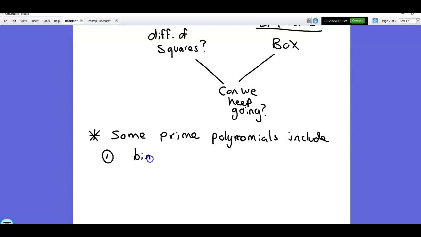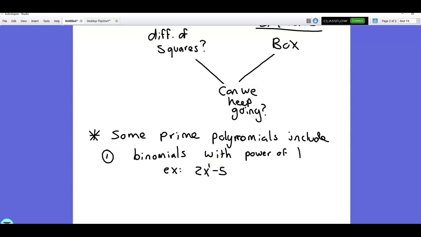binomials with a power of 1. What do I mean by that? So like, for instance, let's say you had this 2x minus 5. Well, if there's a 1 there, you don't need to try the difference of squares on that.